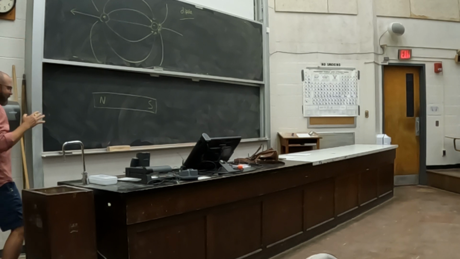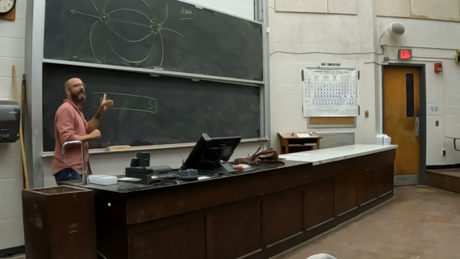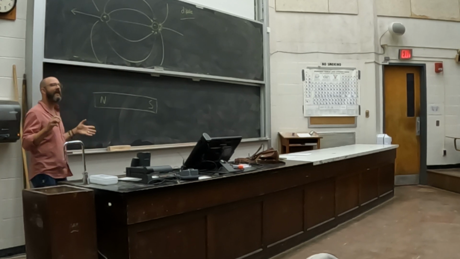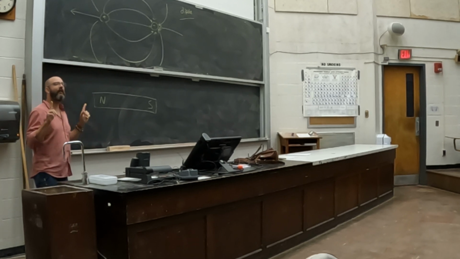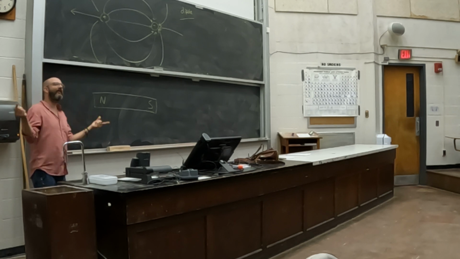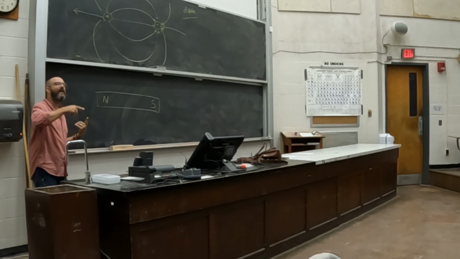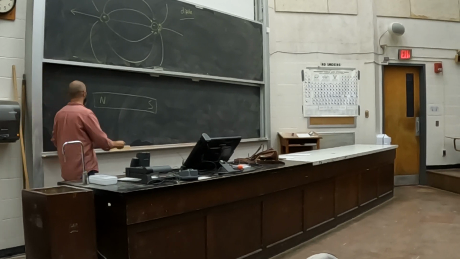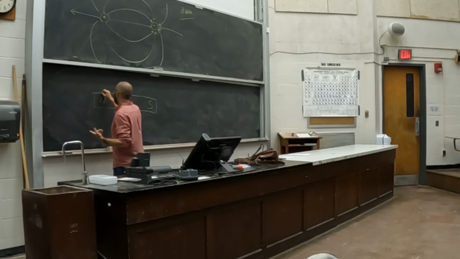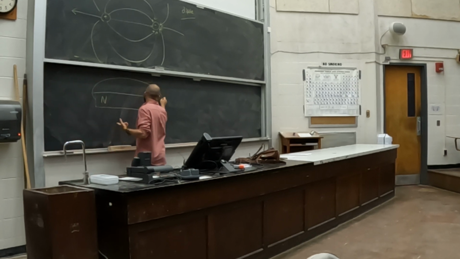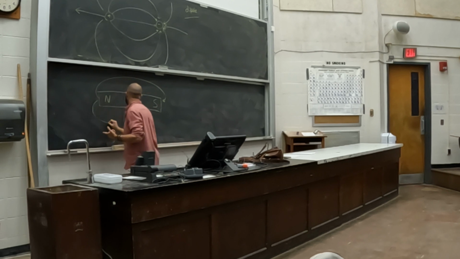So we can talk about the magnetic field rules like we talked about the electrical rules. Magnetic fields begin on north poles, and at least outside of the magnet, they point towards, I'm not going to say they end on, they point towards the south pole. So I would get something here that would look really similar to what I got up there.